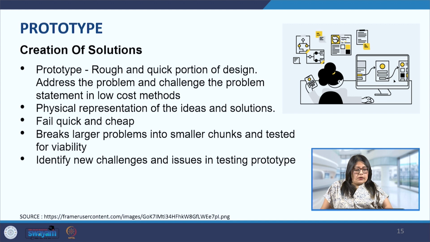And identify new challenges and issues. Now, when we are testing the prototypes, it usually and often uncovers new challenges and issues that were not there when we started the process in the first place, or these problems may not be apparent to us, but when we make a prototype, then we realize what the problems were.